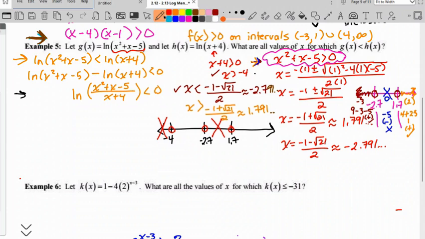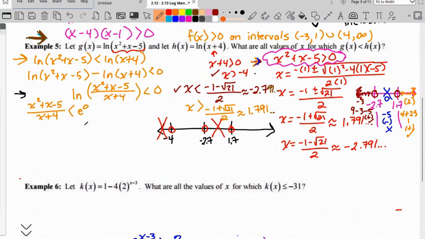Now let's finish solving the equation. So we're back over here working on the rest of this equation. Right now it's in logarithmic form, so we're going to rewrite that inequality in exponential form. And so that's going to give me e to the 0 is greater than x squared plus x minus 5 over x plus 4.